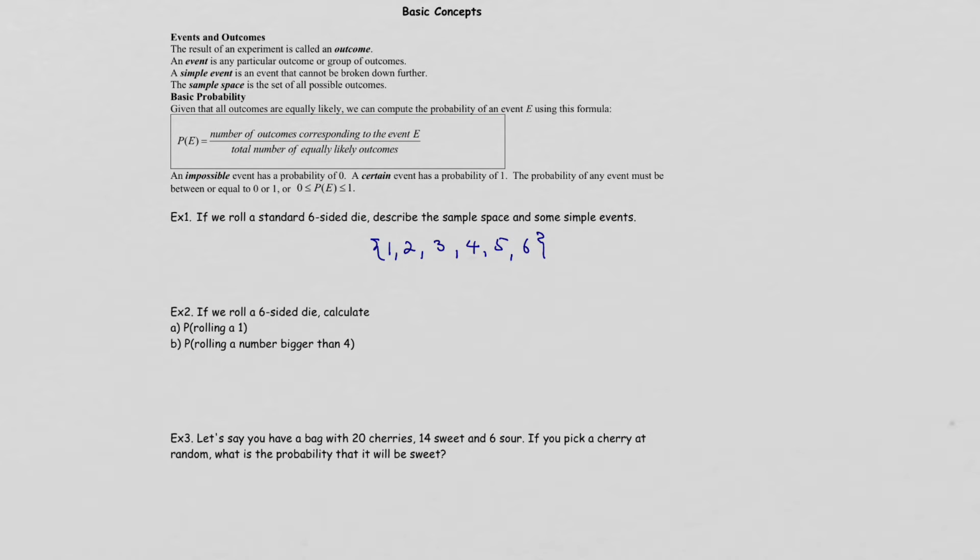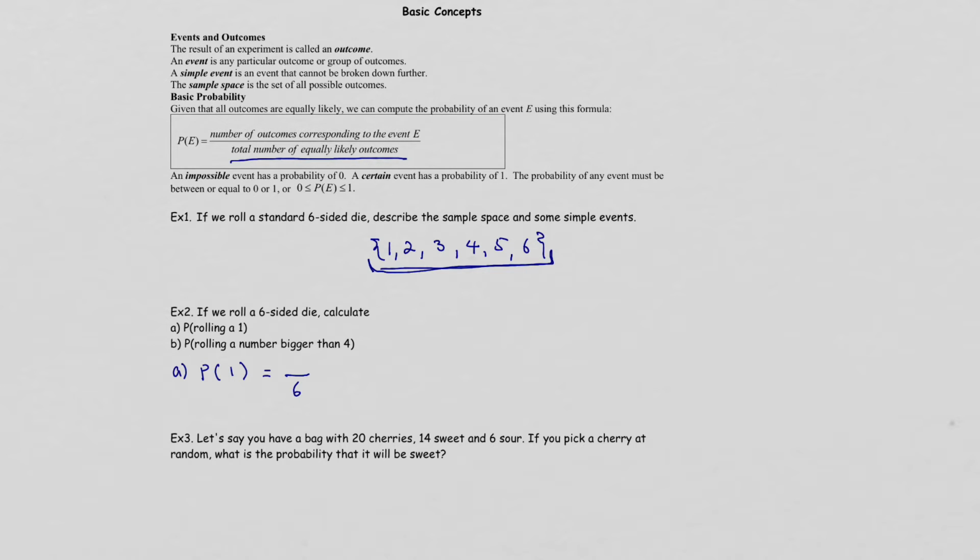What about the second one? If we roll a 6-sided die, it will be the same thing. Let's see if we can figure out the probability of rolling a 1. So we know this is going to be the total sample size, and that's going to be your denominator.